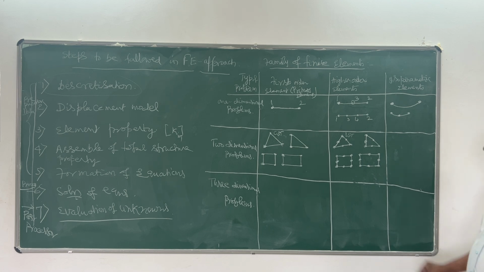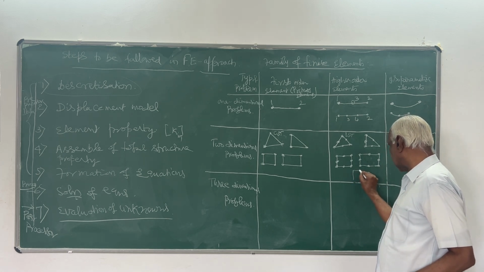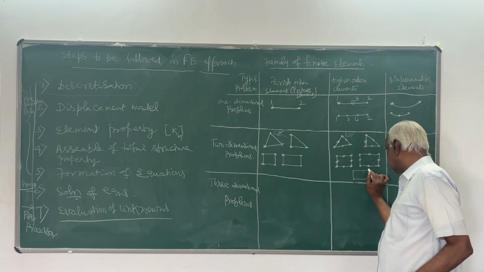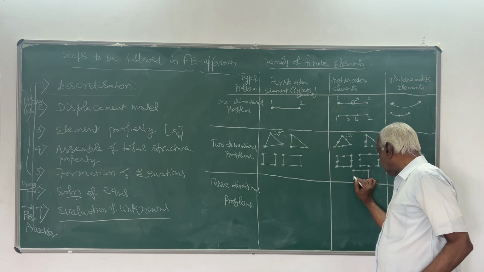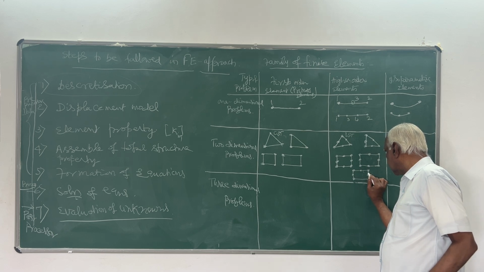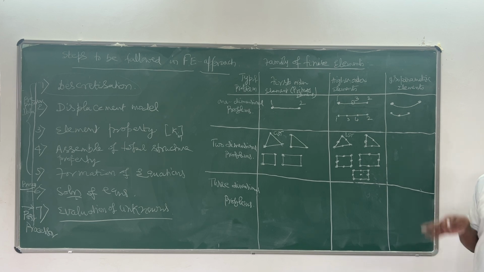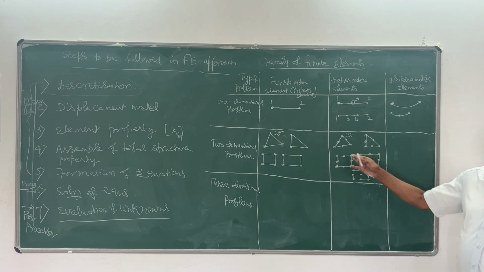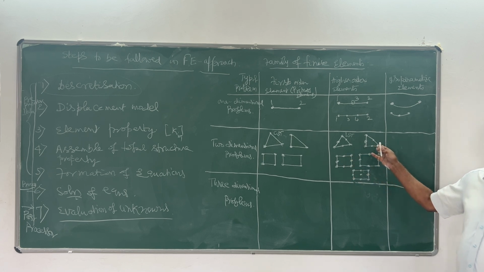Or it may be 9-noded also sometimes, especially to satisfy some conditions, we go for more number of nodes. This is one more node, an internal node in the middle, which is not connected at the boundary at all. This is called a 9-noded rectangle element, 8-noded rectangle element, 8-noded square element, 8-noded triangular element.